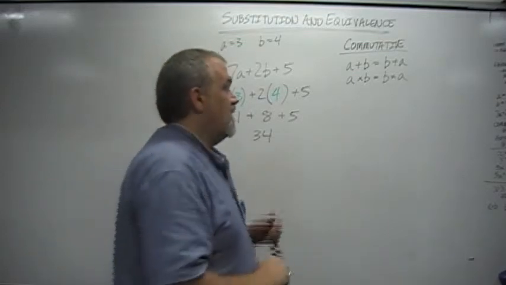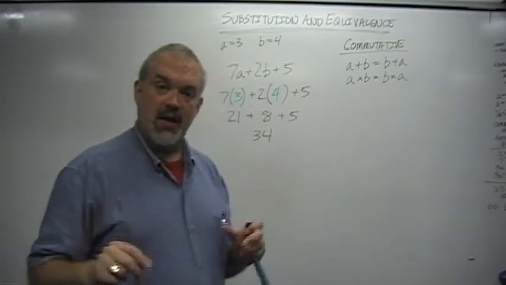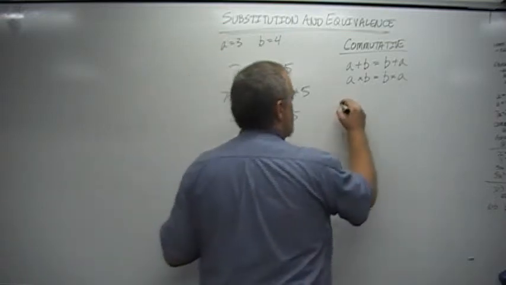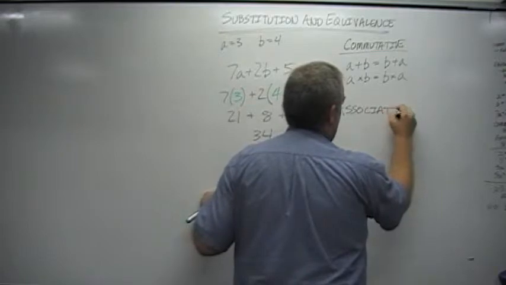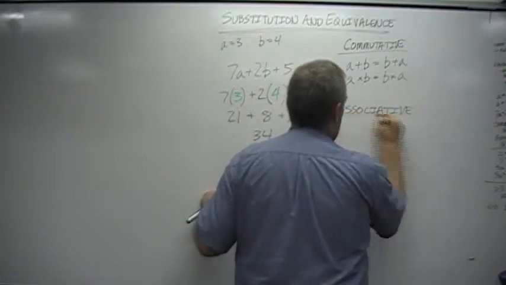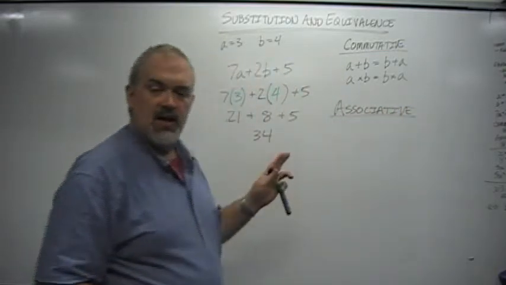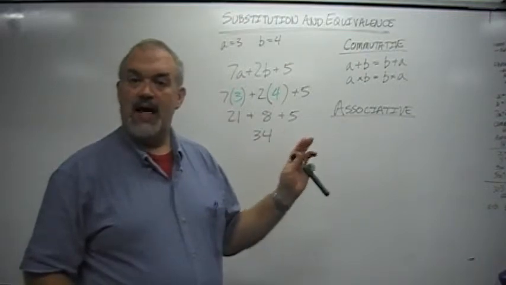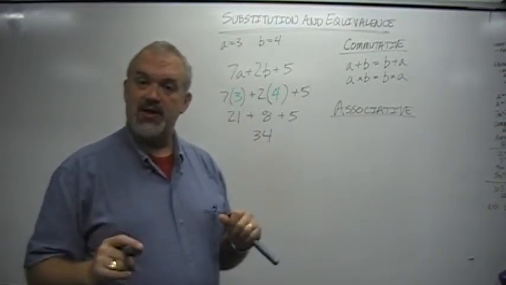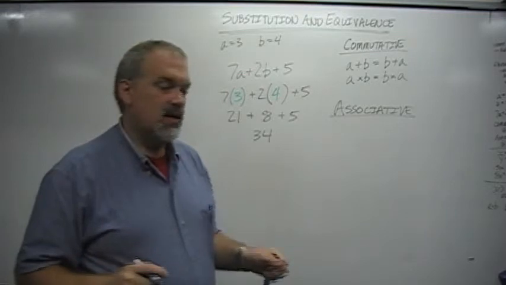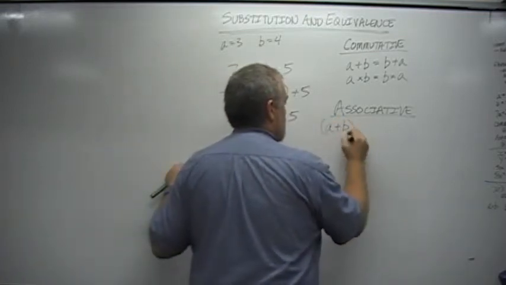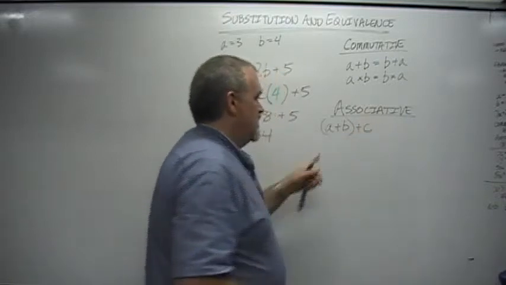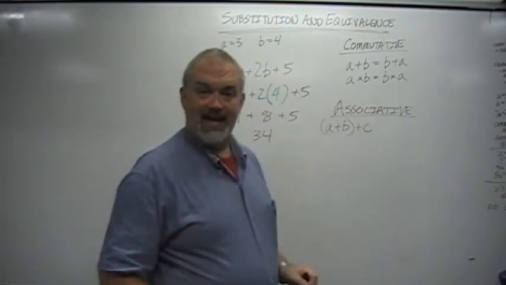Now, the other law that is helpful when we're talking about equivalence is called the associative law. It talks about brackets. For example, a plus b in brackets plus c means we would normally do a plus b before we added the c.